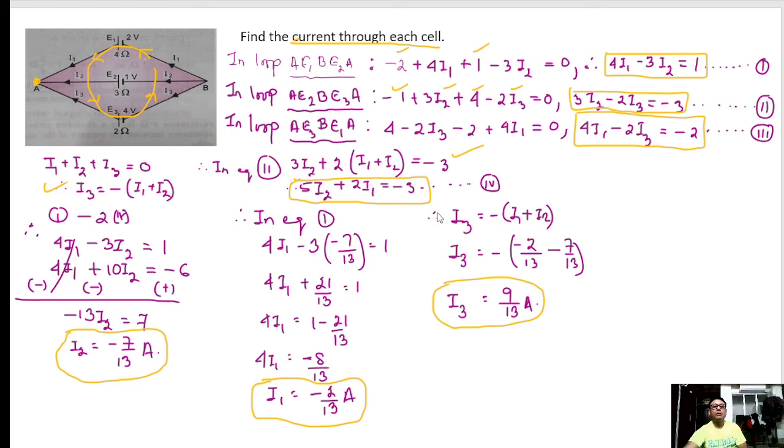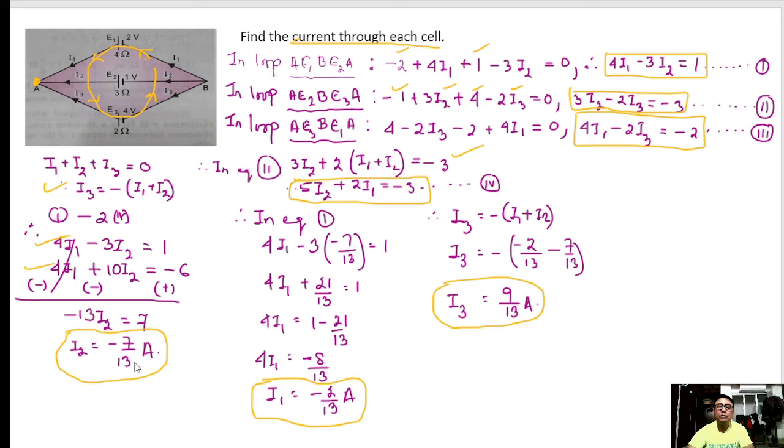Now what we are doing is, from equation 1 we subtract 2 times equation 4. So this is 2 times the equation number 4, and from equation 1 minus this, we are getting I2 as this.